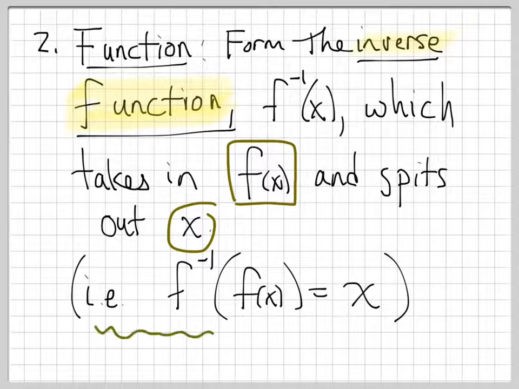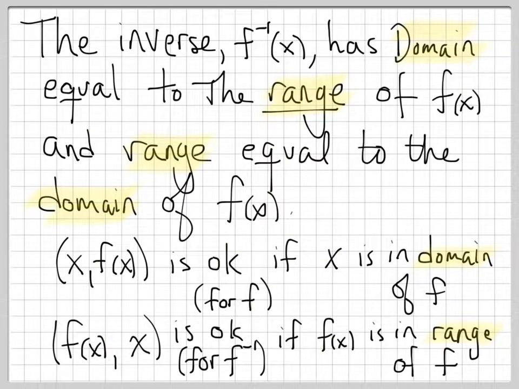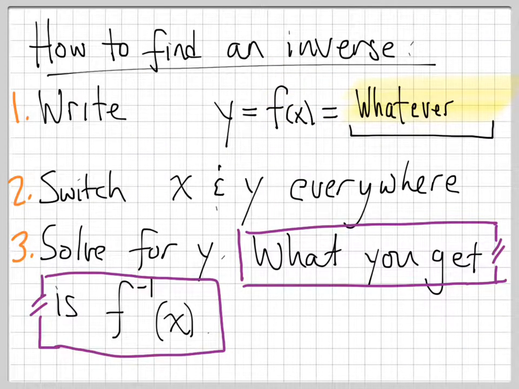Here's an equation that embodies that spirit: f inverse eats f of x and spits out x. And so how do you do that? Like, what's the practical application? We'll come back to that in a second.